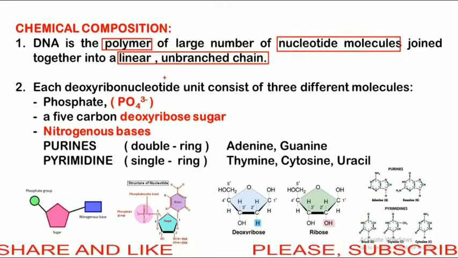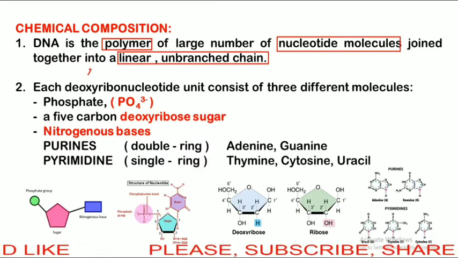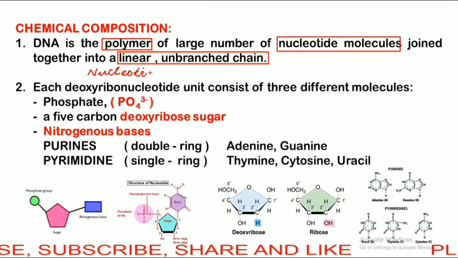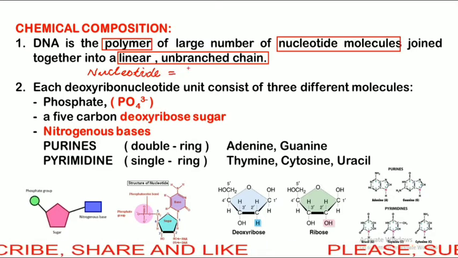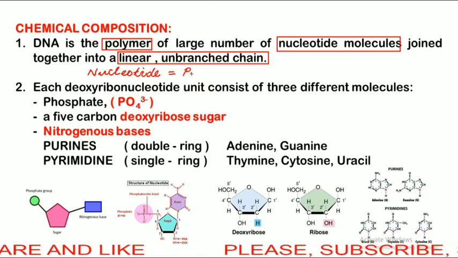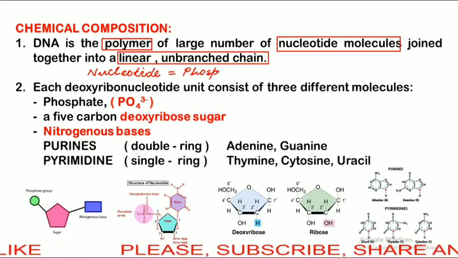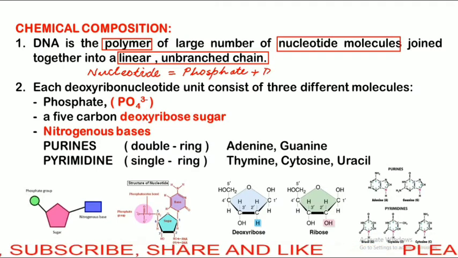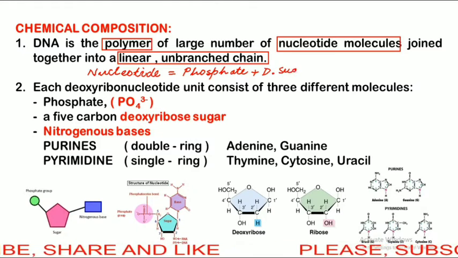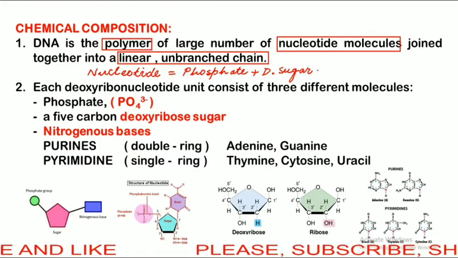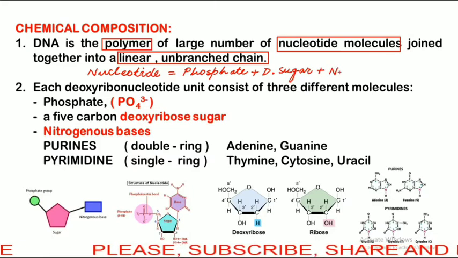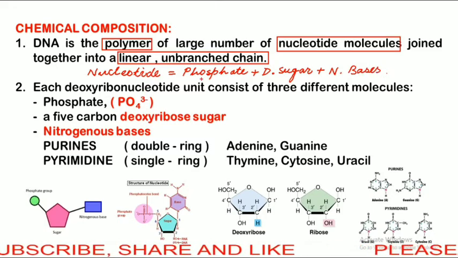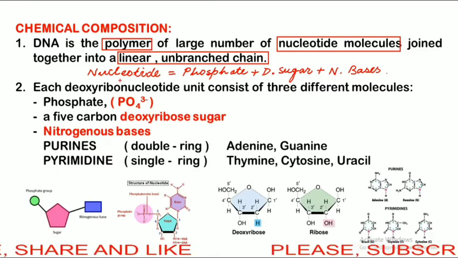So DNA is a polymer of nucleotides, and nucleotides are made up of phosphate, plus sugar, deoxyribose sugar, and nitrogenous bases. So all these three components together form this nucleotide.